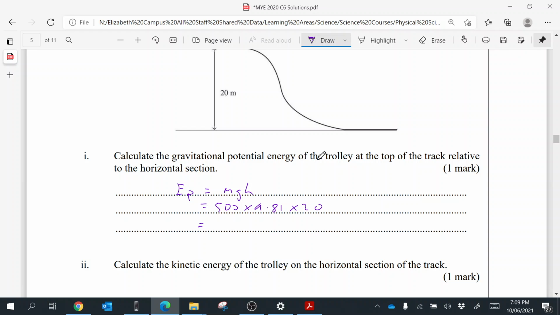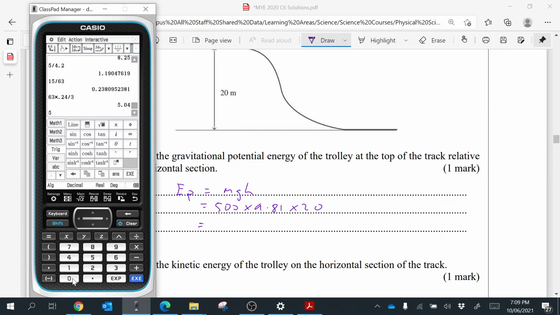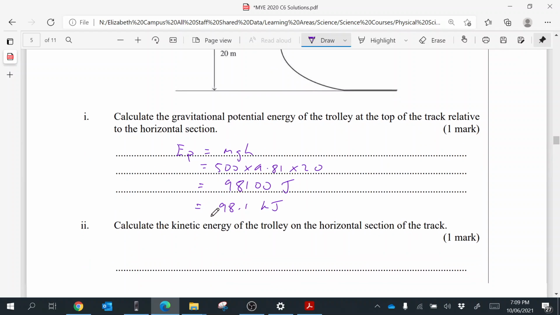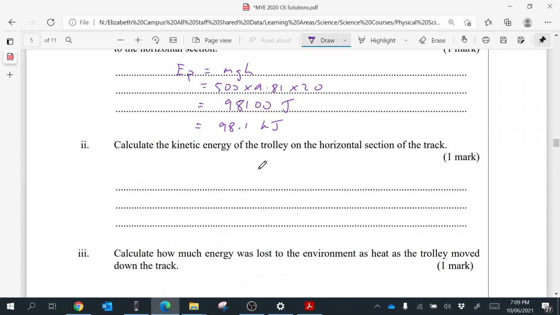So what's that equal to? 500 times 9.81, 9.81 times 20 is 98100 joules. You could say 98.1 kilojoules if you like, but you don't need to. Joules are fine. Calculate the kinetic energy of the trolley on the horizontal section of the track.